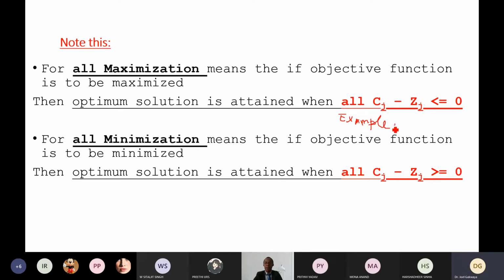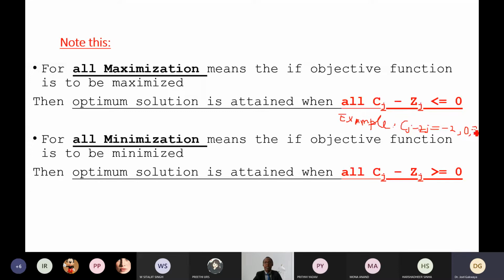Let's say Cj minus Zj is equal to minus 2. Again, you can say this is equal to 0. It is equal to minus 7.